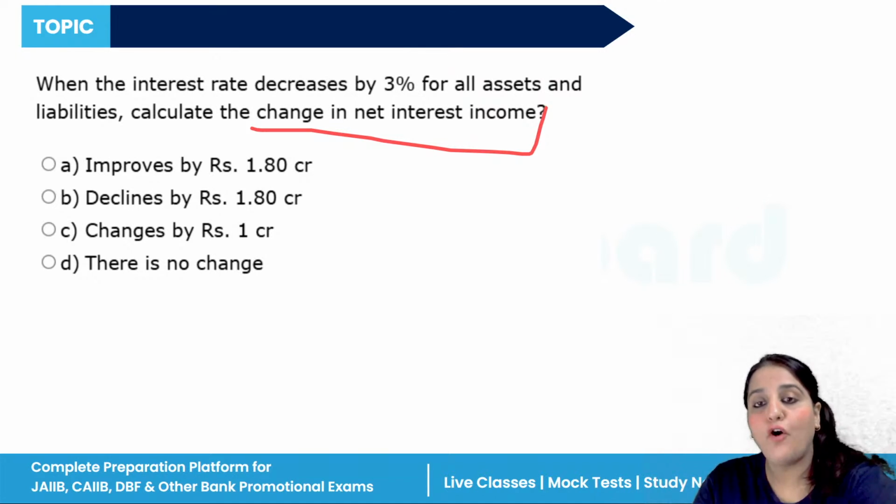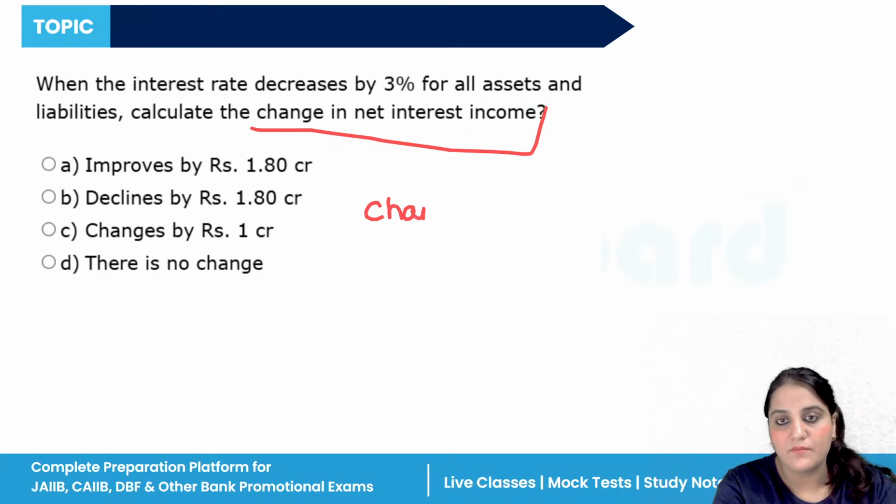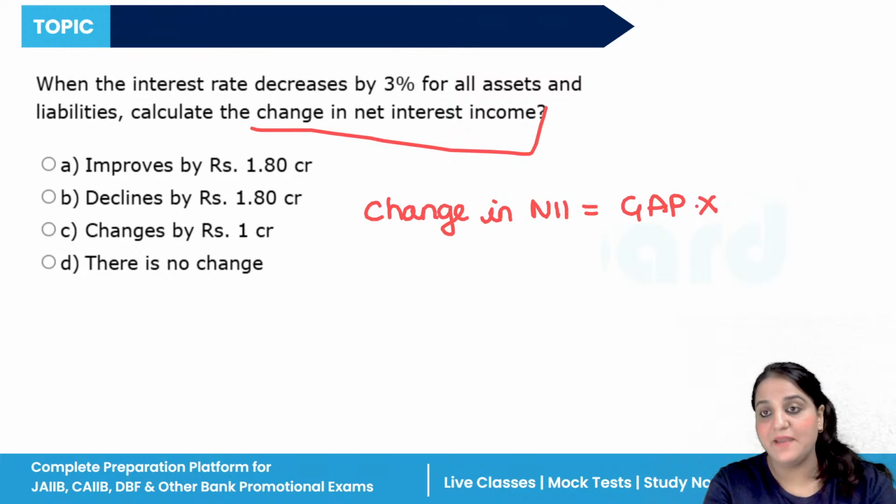So the formula for the change in NII is simple: gap multiplied by the rate change.